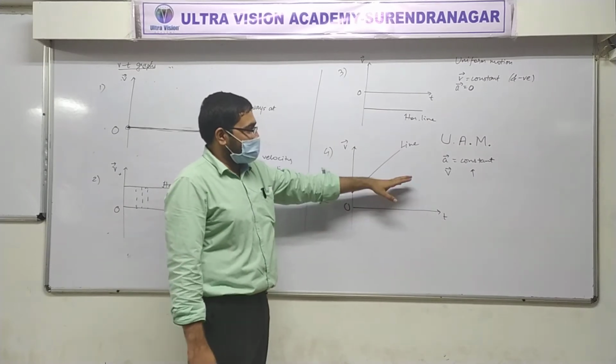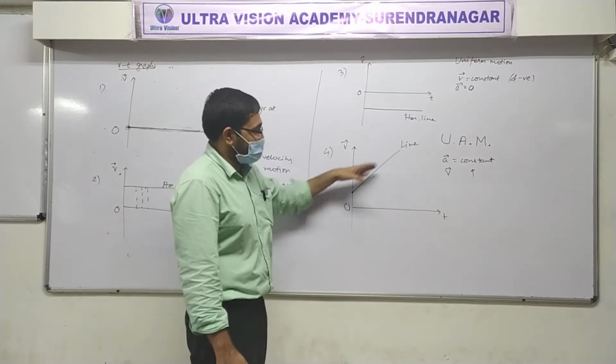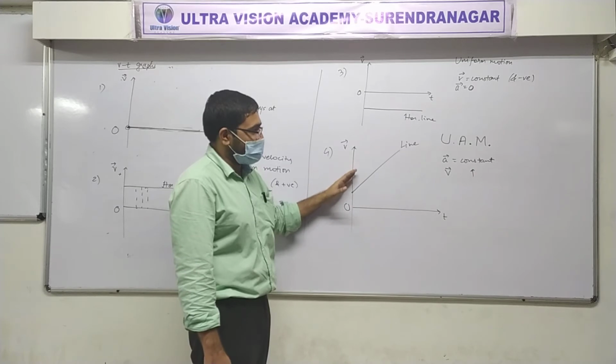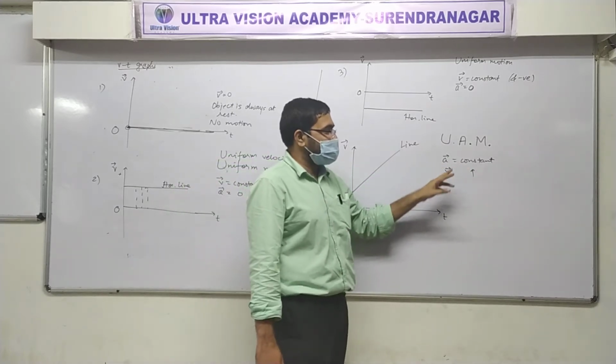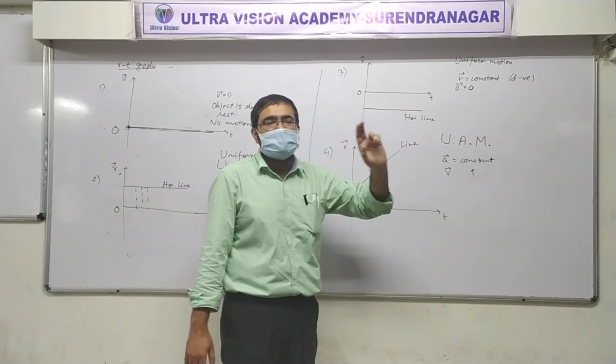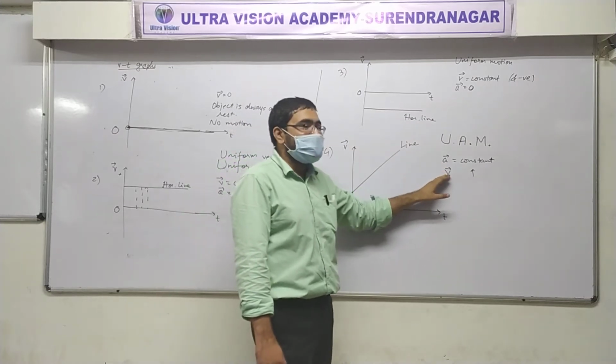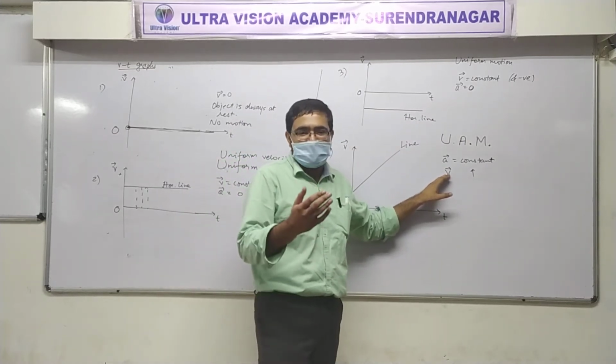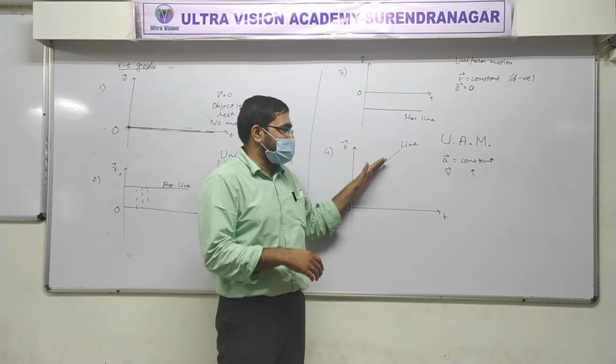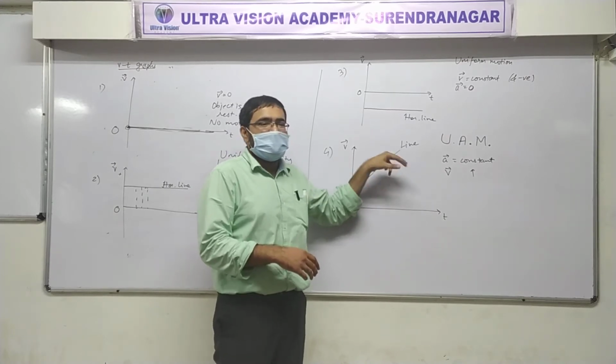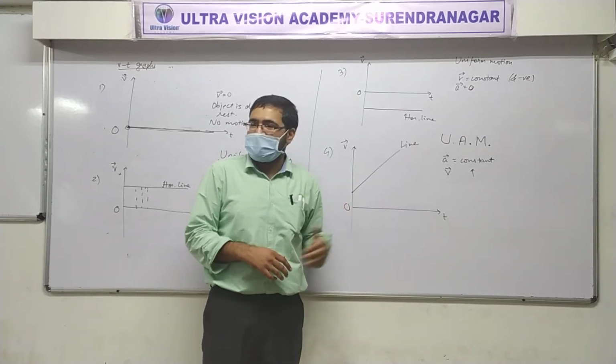Okay, so we were discussing that if you have a straight line VT graph, acceleration is constant, so the motion is uniformly accelerated motion, and velocity is increasing. That we can see from the graph. Gradually, as time passes, the value of velocity is going towards more and more positive. Correct or not?